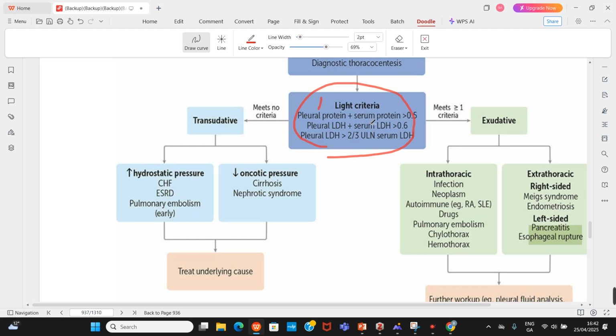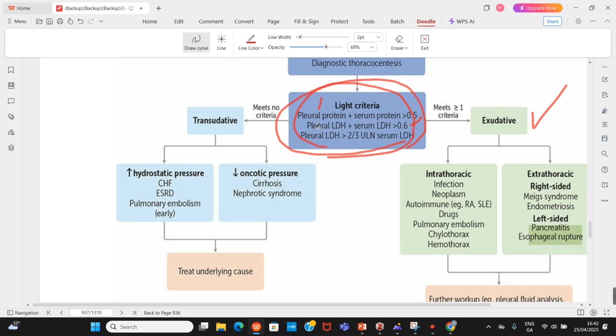That's a problem. Or if the pleural LDH over the serum LDH is more than 0.6, that's another problem too. Or if the pleural LDH is more than 2/3 of the serum LDH. So if any one of these criteria is met, you can say that this person has an exudative effusion.